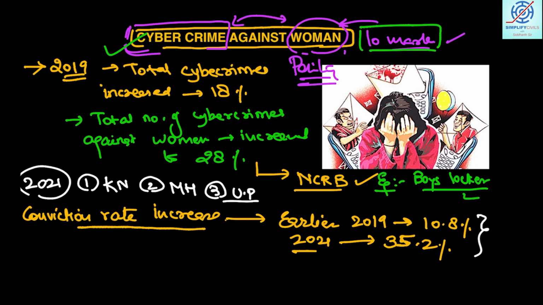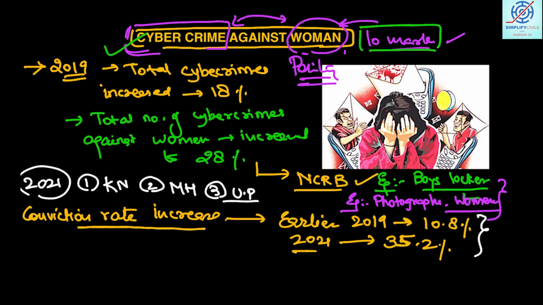Another example is where many photographs of Muslim women were put on sale in the cyber market, and it was unknown to them. So students, these are the examples that you can quote in the examination.